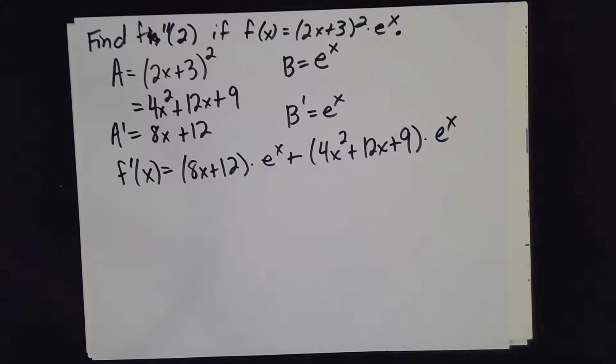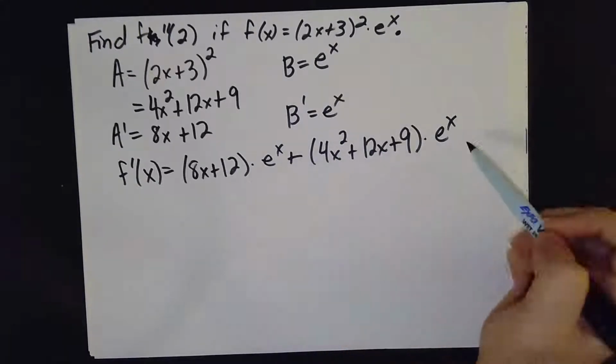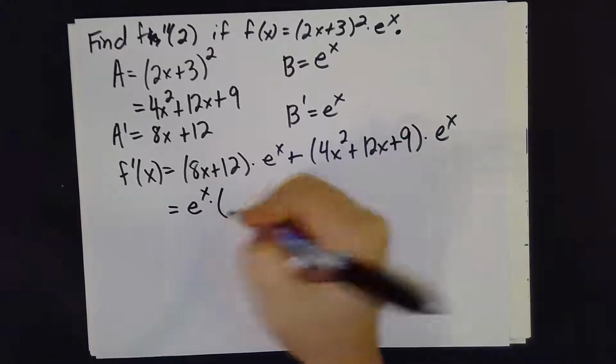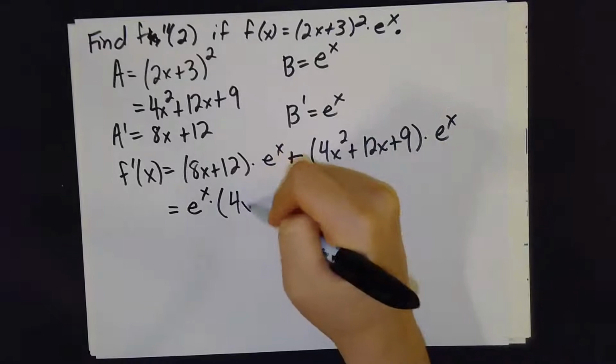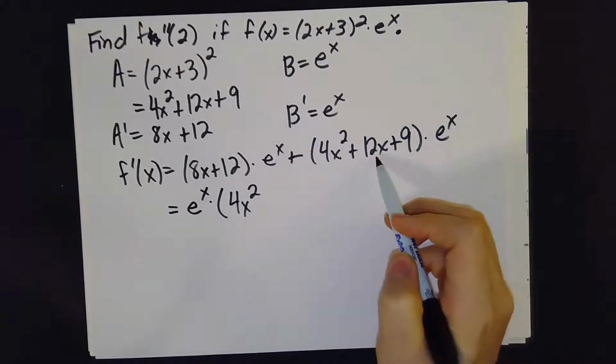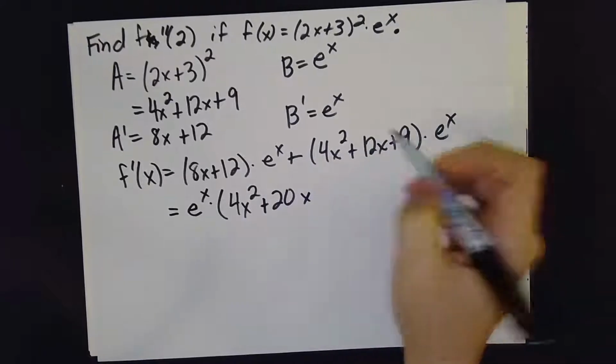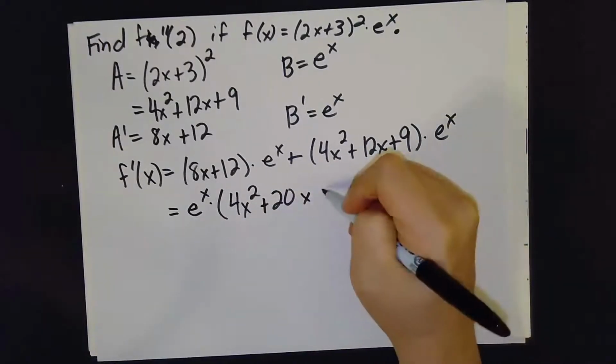I think people have gotten pretty used to the factor out the e to the x trick, which is going to make our life a little bit easier. So I can combine the 12x and the 8x to get 20x, and combine the 9 and the 12 to get plus 21.